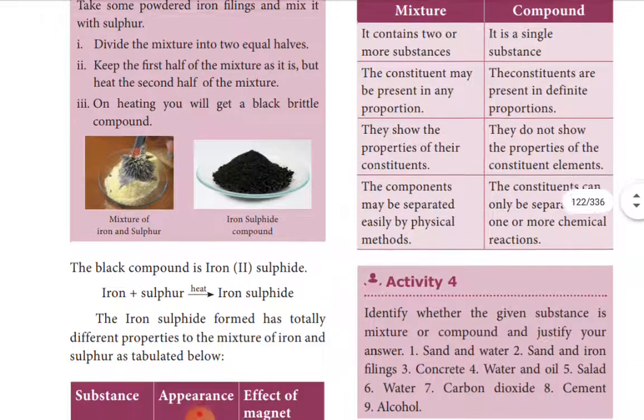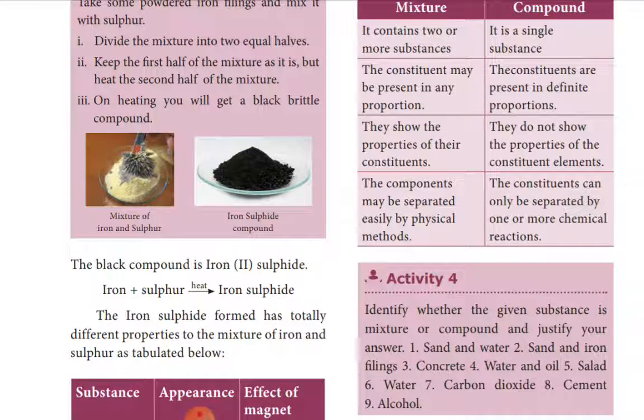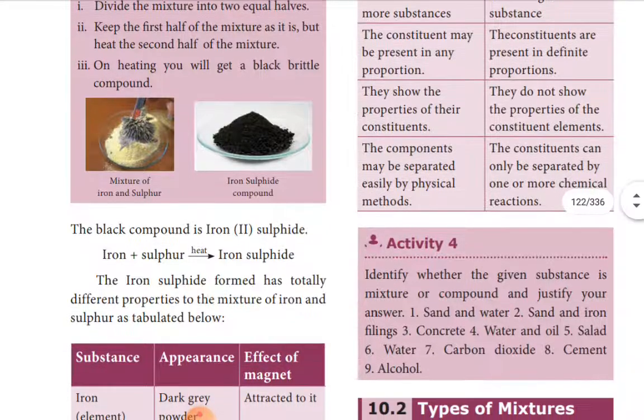These two are going to chemically combine. Iron, Fe, plus sulfur, S, on heating give FeS, iron sulfide. So a chemical compound is formed on heating the iron powder with the sulfur powder.